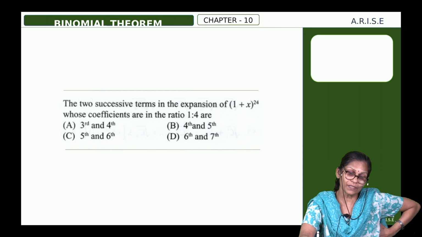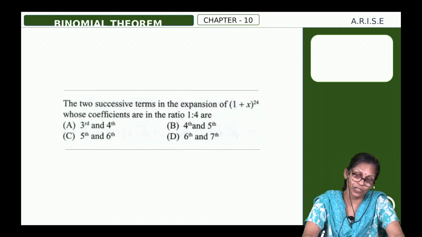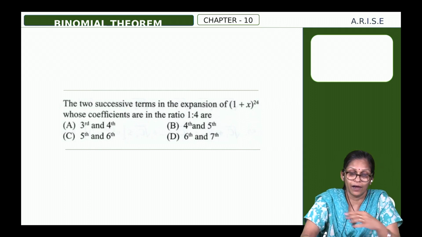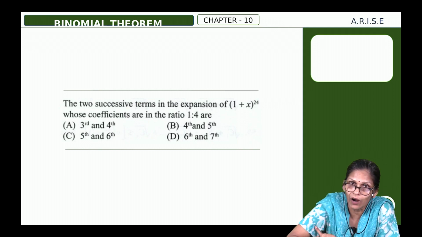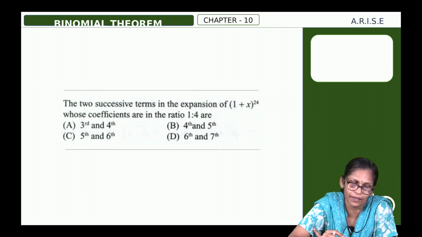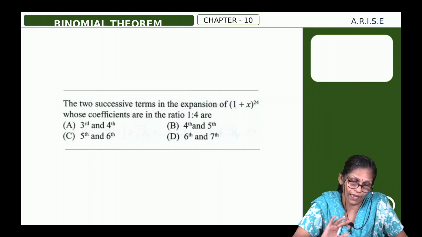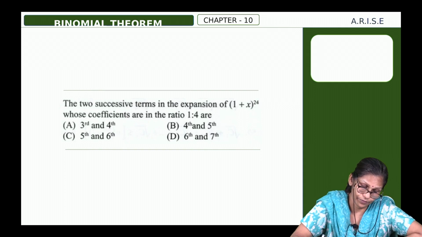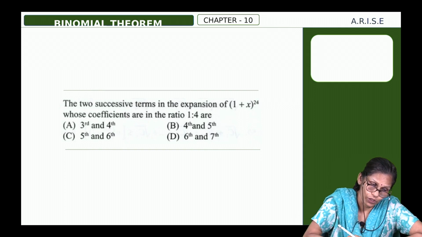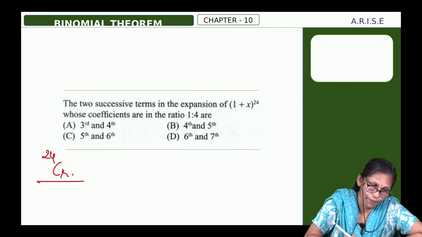Now, two successive terms in this expansion whose coefficients are in the ratio 1:4. So, what are the coefficients? 24C0, 24C1, 24C2, 24C3 and so on. So, can I write two consecutive terms as 24Cr divided by 24C(r+1), that is 1 by 4.